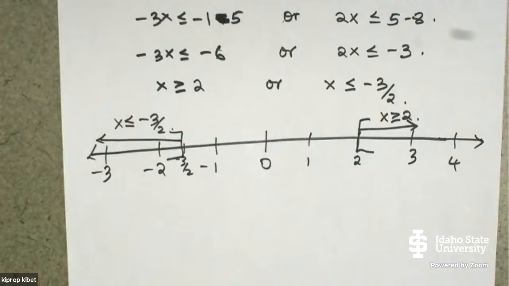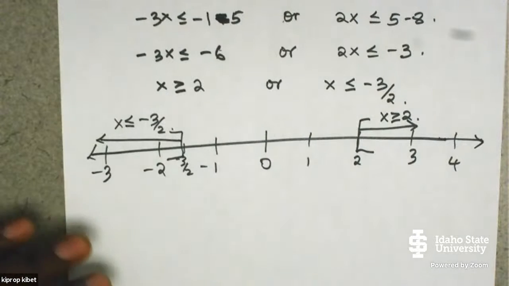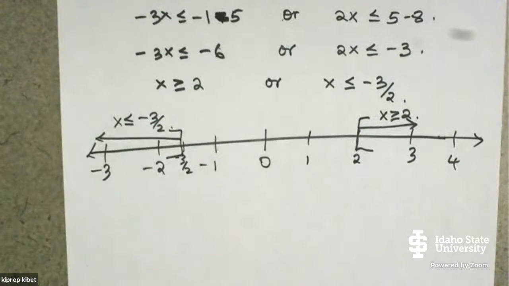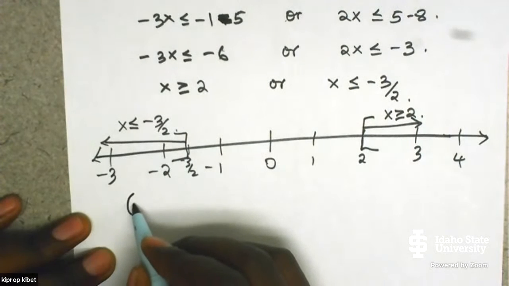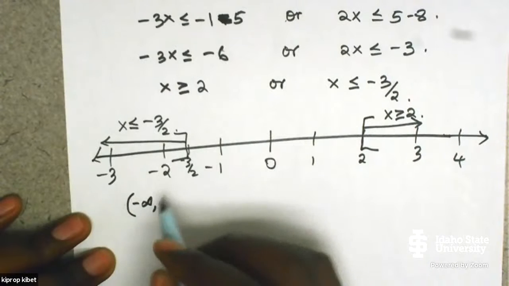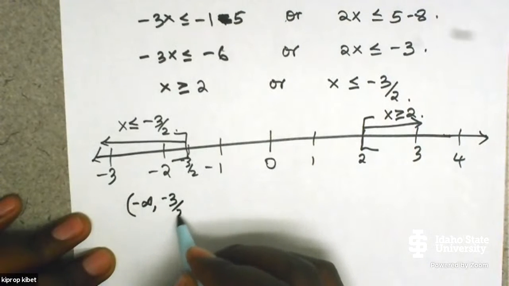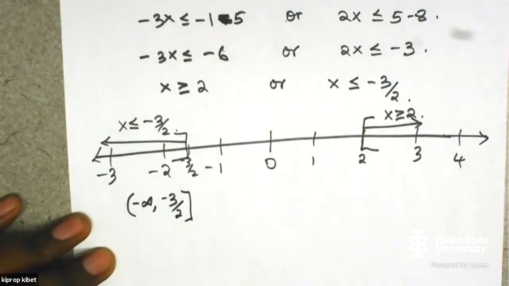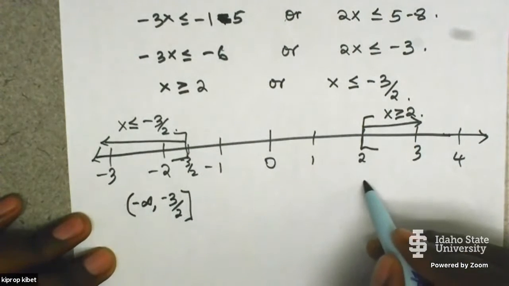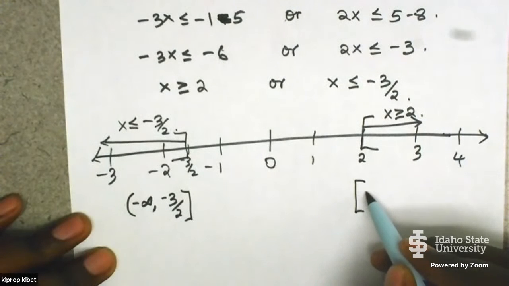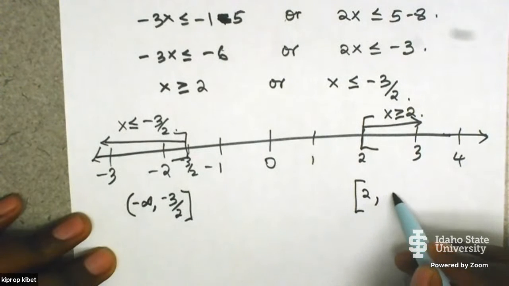Therefore, how should we write our interval notation? This one is going to negative infinity, so it will be negative infinity to -3 over 2 with a bracket, and then this one is 2 to infinity.